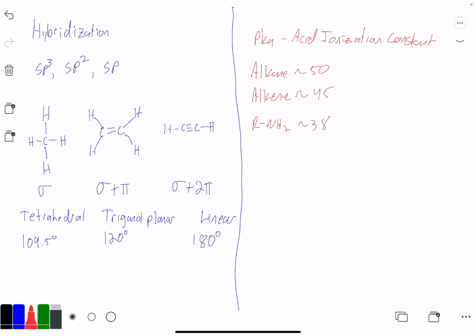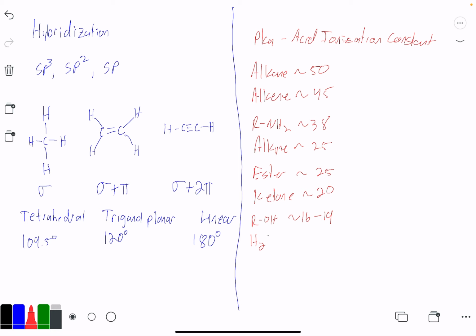An alkyne is somewhere around 25, all right? An ester's pKa is around 25 as well. A ketone is approximately 20. And then you have alcohols, so your ROHs can range somewhere between 16 to 19, depending on the type of alcohol you have.